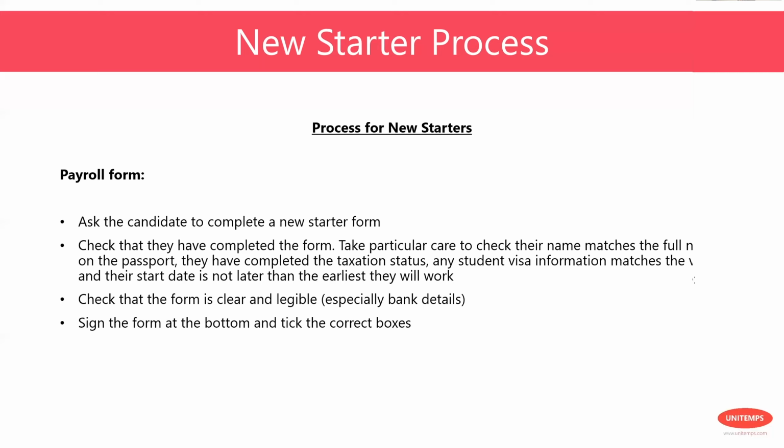If they have handwritten anything, you'd be amazed at how many candidates will scrawl their bank details in and then be upset when the payment goes to the wrong person. Most payroll forms have some information at the bottom that you might need to tick, so confirming what type of ID you've seen, things like that. But that'll be based off your own payroll forms.